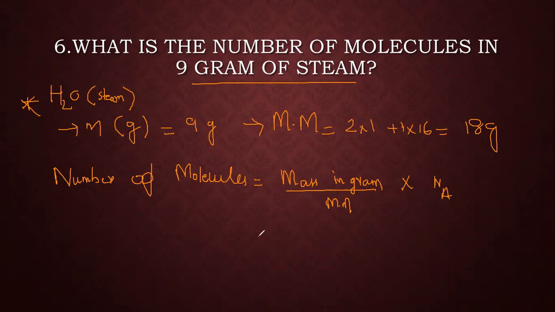So now putting the values: mass in gram equals 9 gram, molar mass 18 gram, and the Avogadro number is 6.02 into 10 raised to power 23.